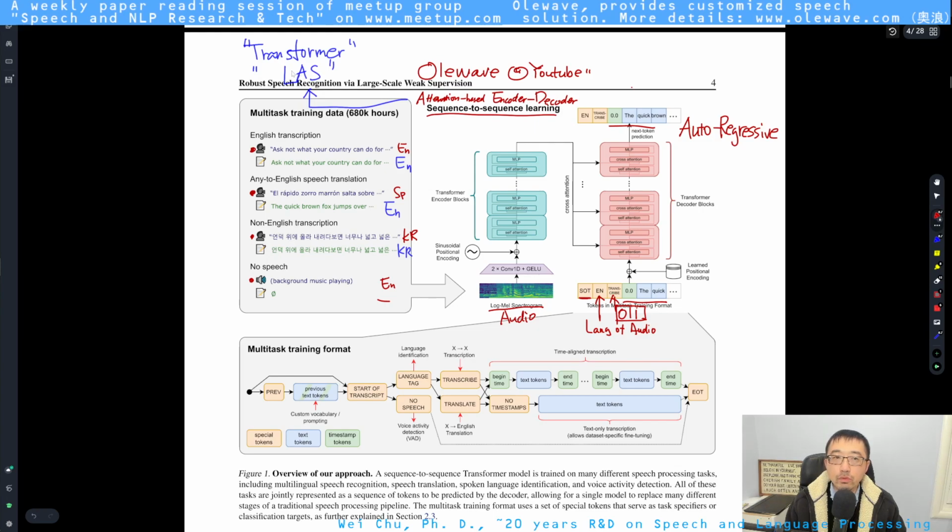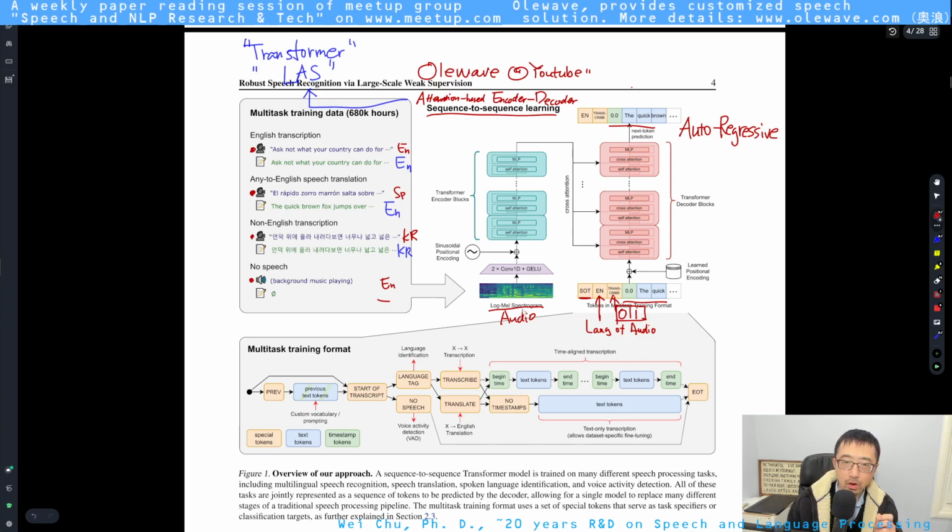And for those of you who are not familiar with transformer, I have recordings, paper readings on this, and I also have this type of architecture. Actually for us speech guys, we call this attention-based encoder-decoder architecture. Google guys call this a listen, attend, and spell. I also have a reading on LAS.